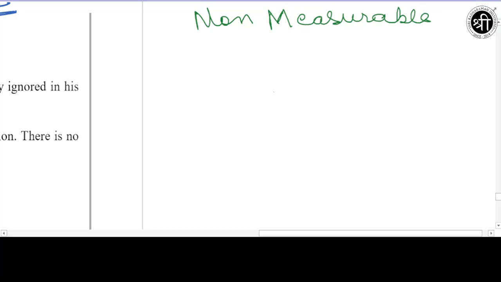For example, there are five contestants: A, B, C, D, and E. They performed one after another in front of a judge. It might happen that A did a splendid performance, so he got 10 out of 10.